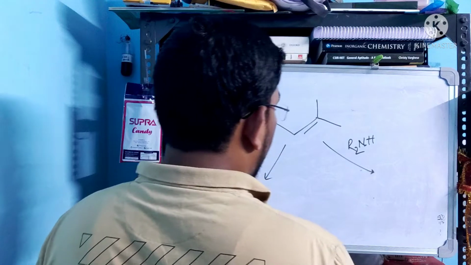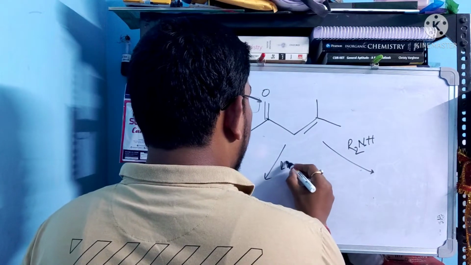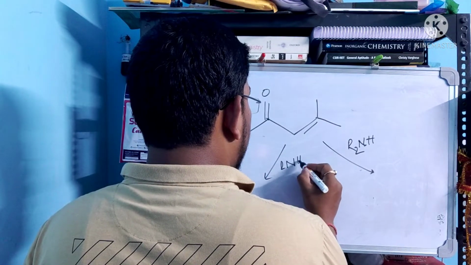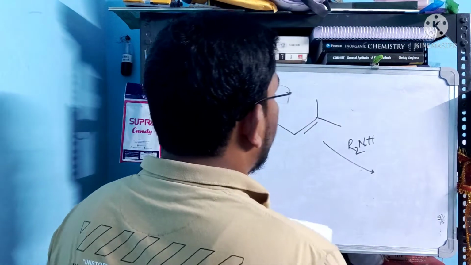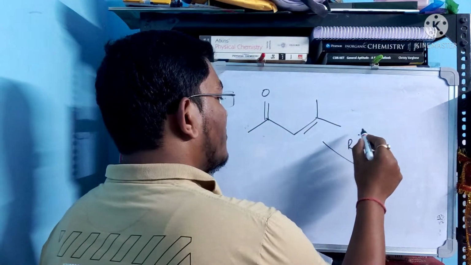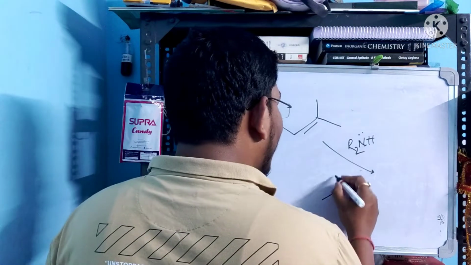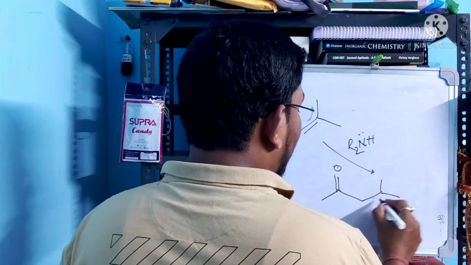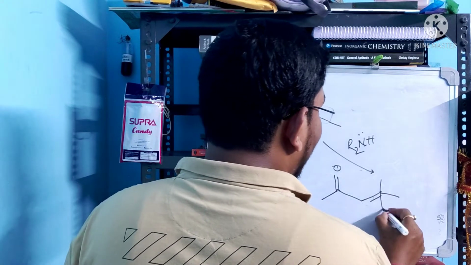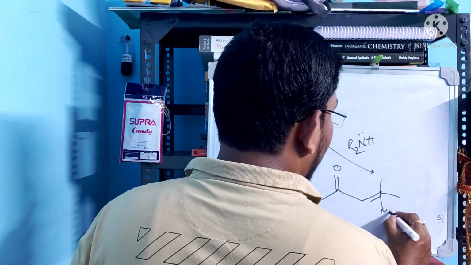R2NH, and here, okay, remove it. Okay, now here we will get 1,4 product. Now you guys, NHR.